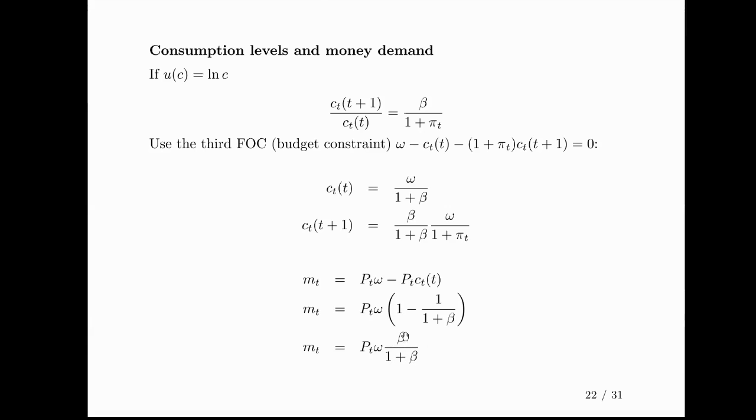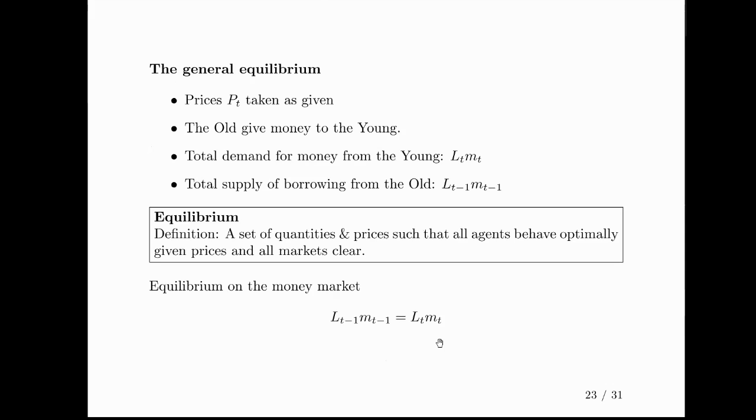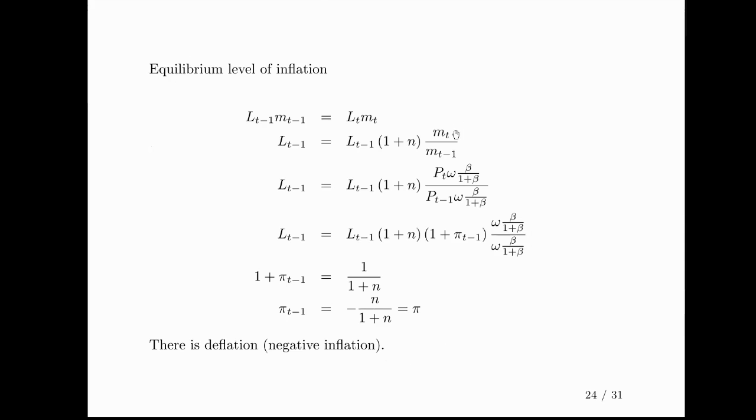So this doesn't change too. It's the time preference. So I can substitute M_t by p_t omega beta over 1 plus beta and M_{t-1} by p_{t-1} omega beta over 1 plus beta. And I get this expression there, but of course L_{t-1} can cancel out on each side, and these two things are all going to cancel.